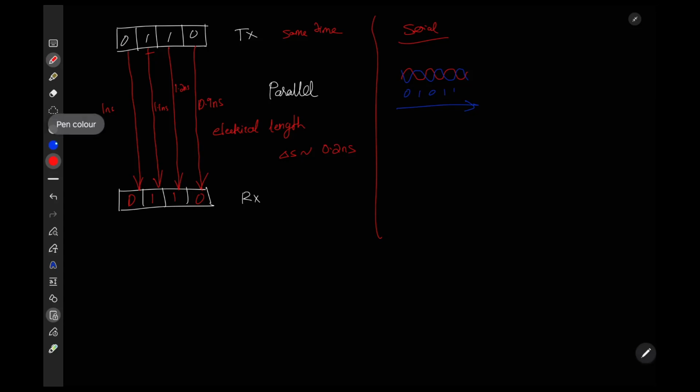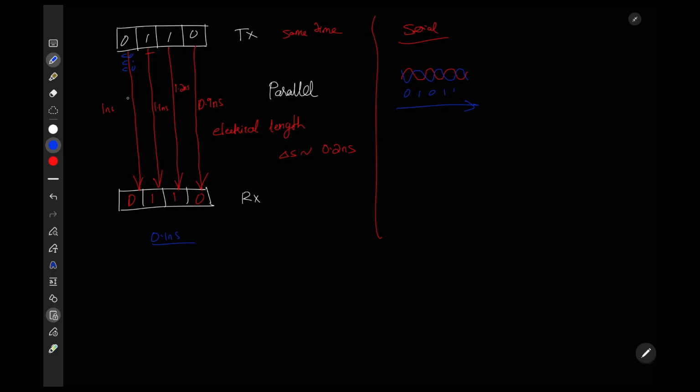For example, here, suppose you are sending data every 0.1 nanoseconds in this example. So every 0.1 nanoseconds, you are sending a new data. You're putting new data on the line. You're putting a 0 here, you're putting a 1 there. It takes 1 nanosecond to reach, but you're sending it every 0.1 nanoseconds.